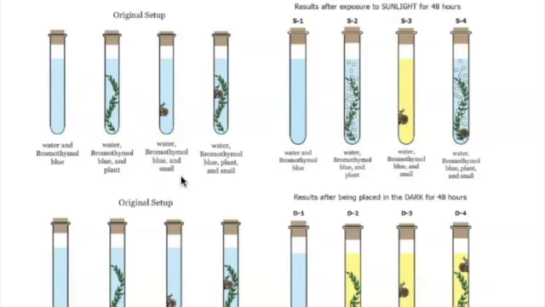So in our two setups, we actually have our original setup being placed in sunlight for 2 days, and our setup being placed in darkness for 2 days. What's going to come into play here, depending on if it's in sunlight or in darkness, is photosynthesis and cellular respiration.